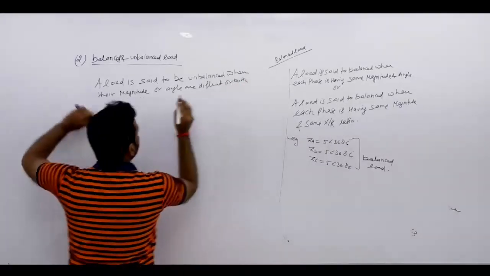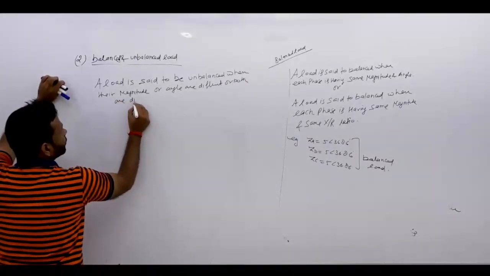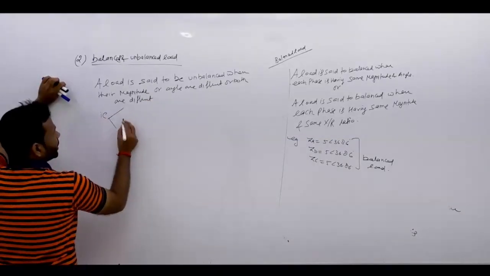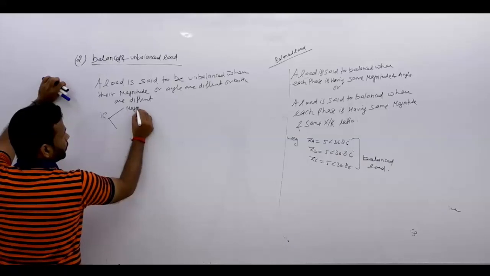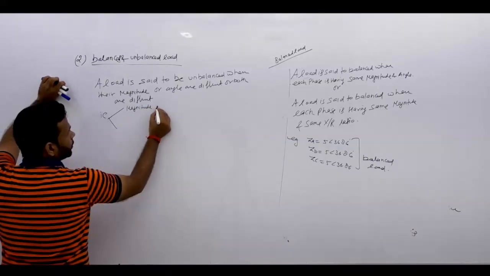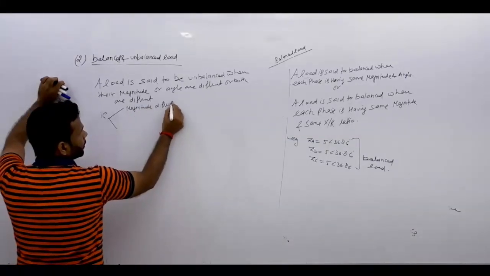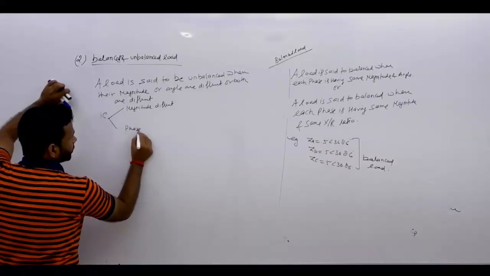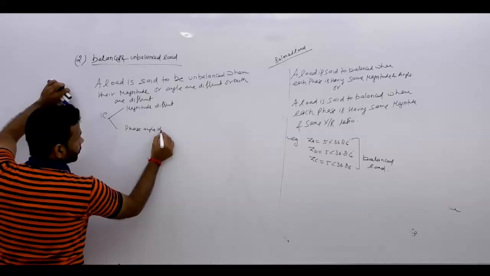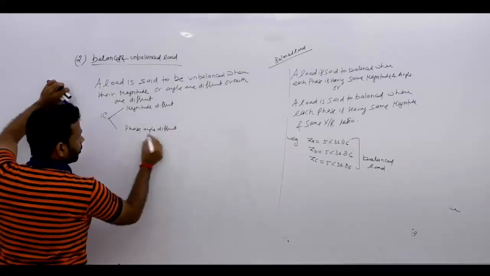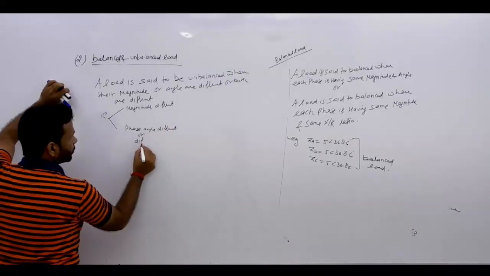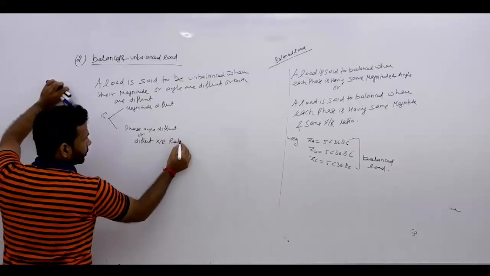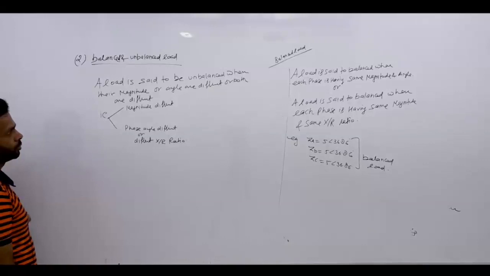Or in short we can say magnitude different, and phase angle different, or different R, X, R ratio. Is it okay so far? Hopefully this is understood.